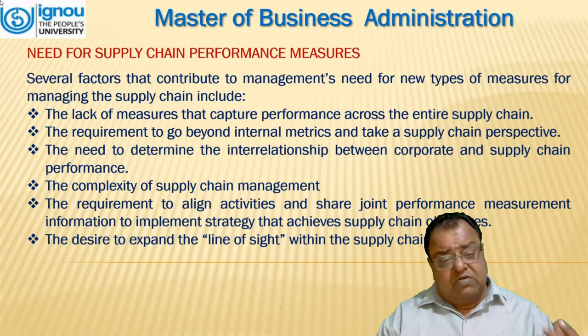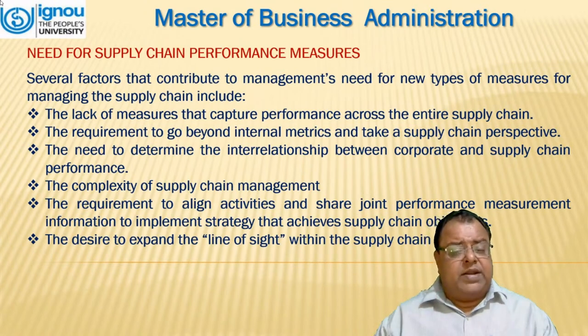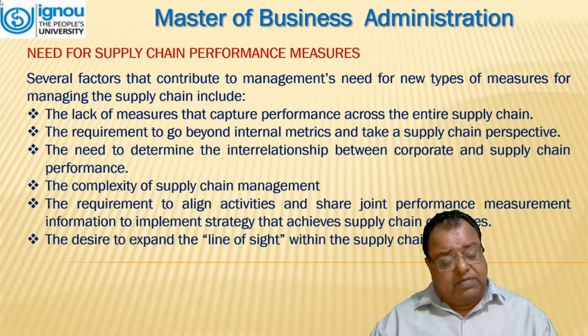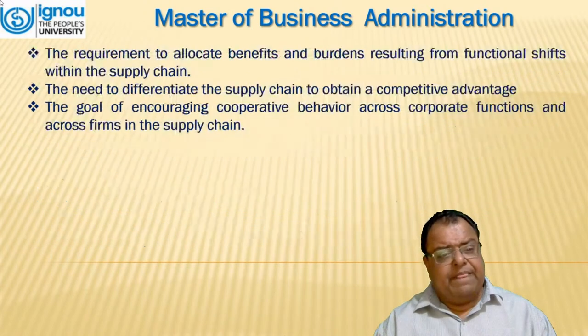After that, the total requirement to align activities and share performance measurement information to implement strategy that achieves supply chain objectives. And lastly, the desire to expand the line of sight within the supply chain.